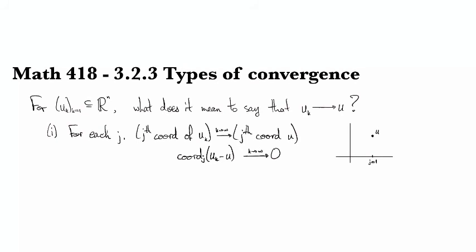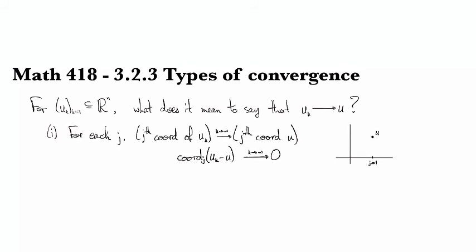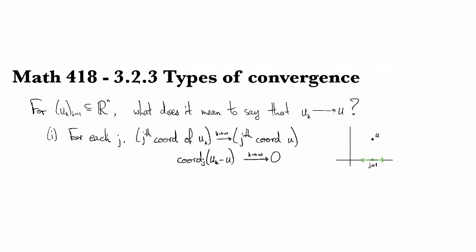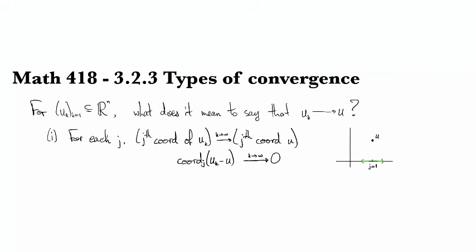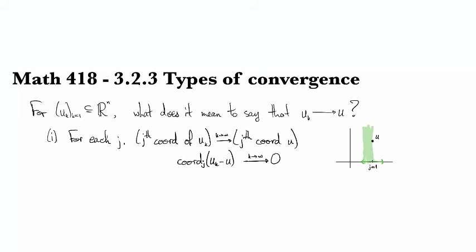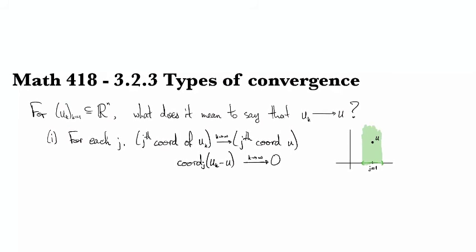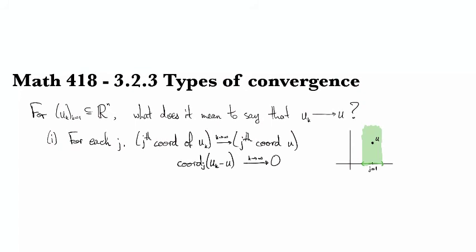Now I want to know if there comes a point, so this is by definition of convergence of limits, if there's some point after which all the terms of the sequence have coordinate within this distance of this particular point. That means all the terms in the tail of the sequence after some point lie in this band.